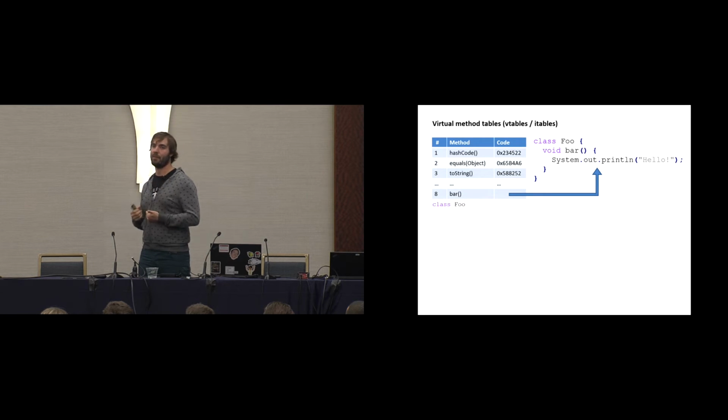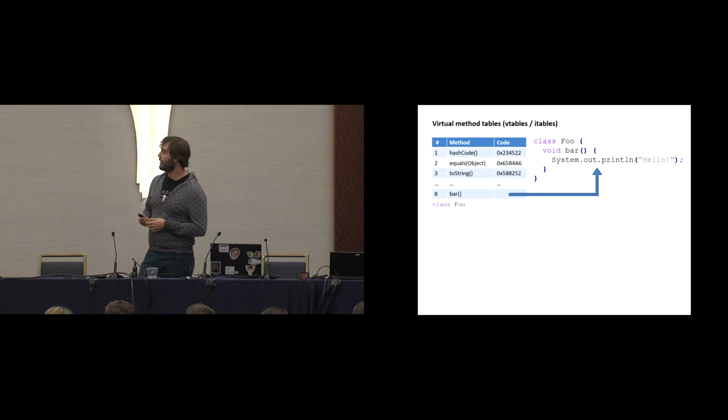So this is 3 indirections. Checking what class has an instance at the call site, going to the method table, and going to the address of the method in question, right?